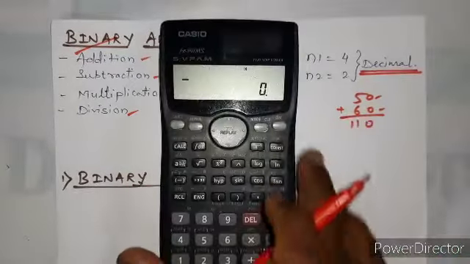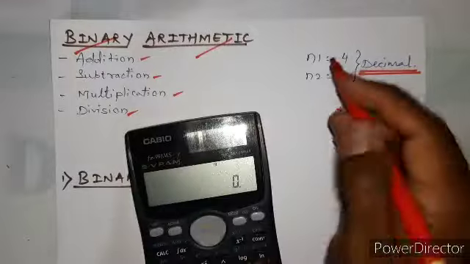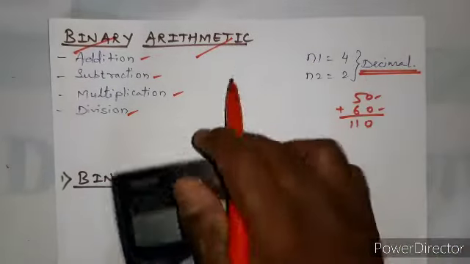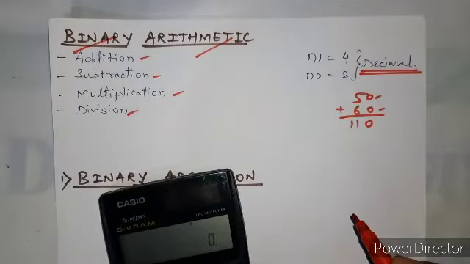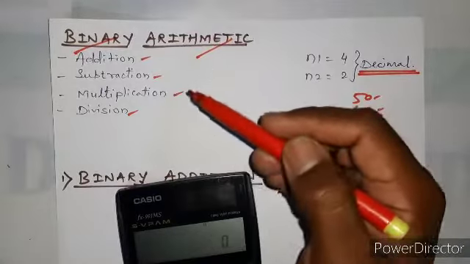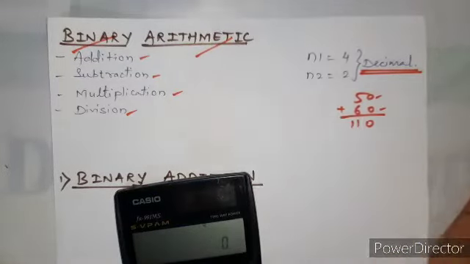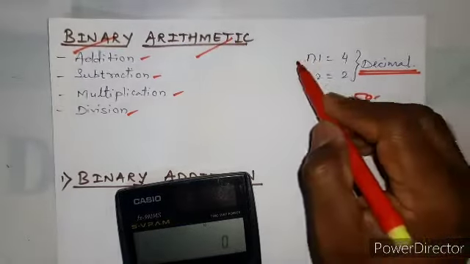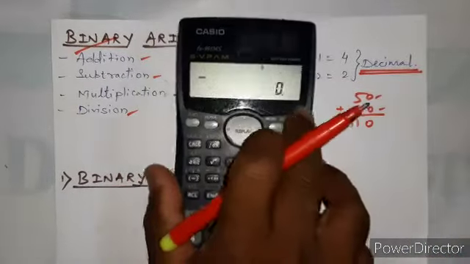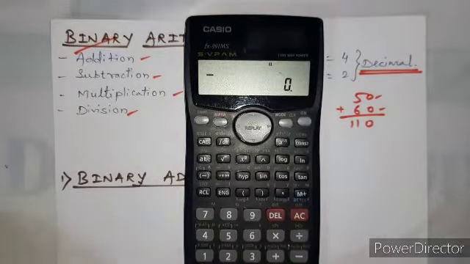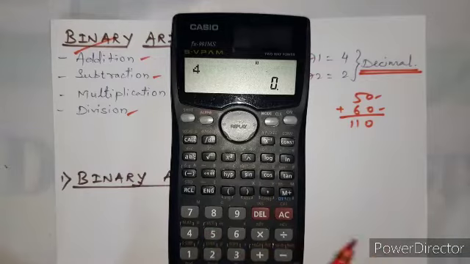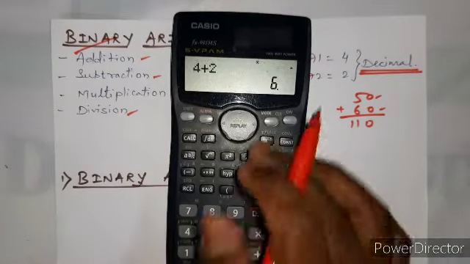We'll be considering two numbers, n1 and n2, since a minimum of two numbers is required for any operation: for addition we need two numbers, for subtraction two numbers, for multiplication and division also two numbers. If you consider these numbers in this calculator, 4 plus 2 is equal to 6.